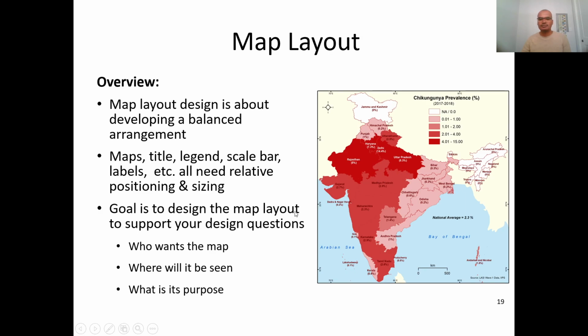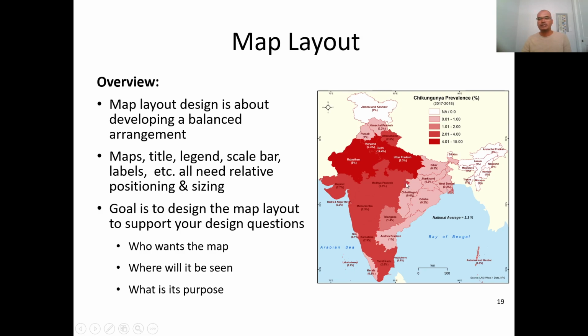The map designing is based on majorly three questions, that is, who wants the map, what they want to see, and what is its purpose. So depending upon the answer to these questions, you can design your map layout.